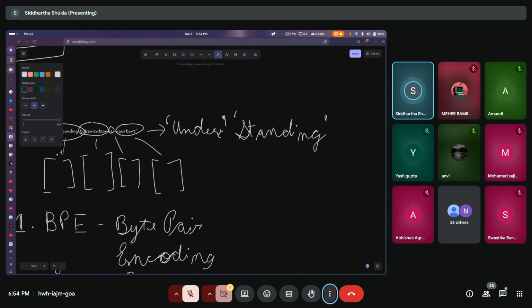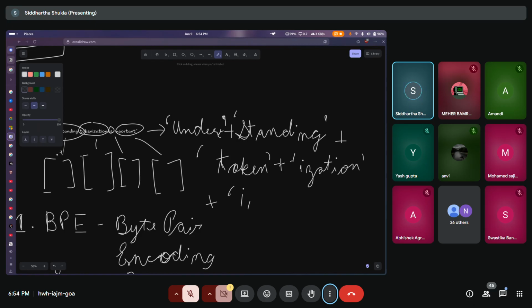Understanding. Then tokenization is going to be broken into token plus ization, and it's going to let is remain as is, and then lastly we have important.